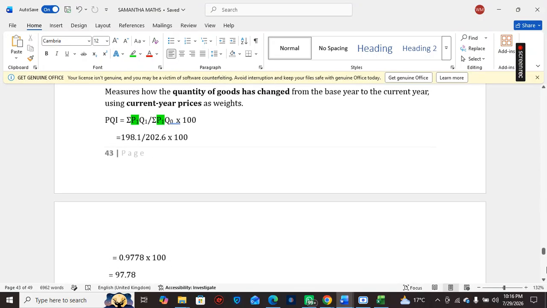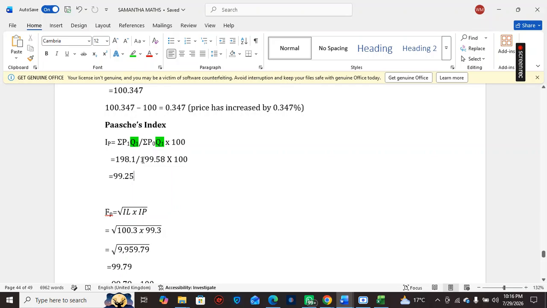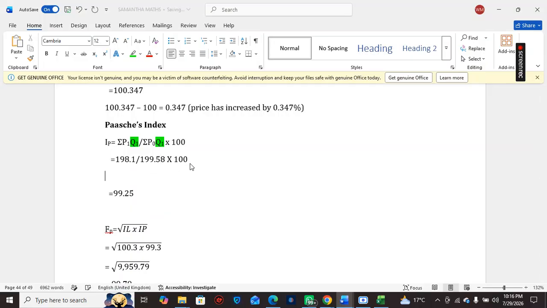Okay, 198.1 divided by 199.58. Okay, you get, let me finish up this calculation here. 198.1 divided by 199.58, you get 0.9925.